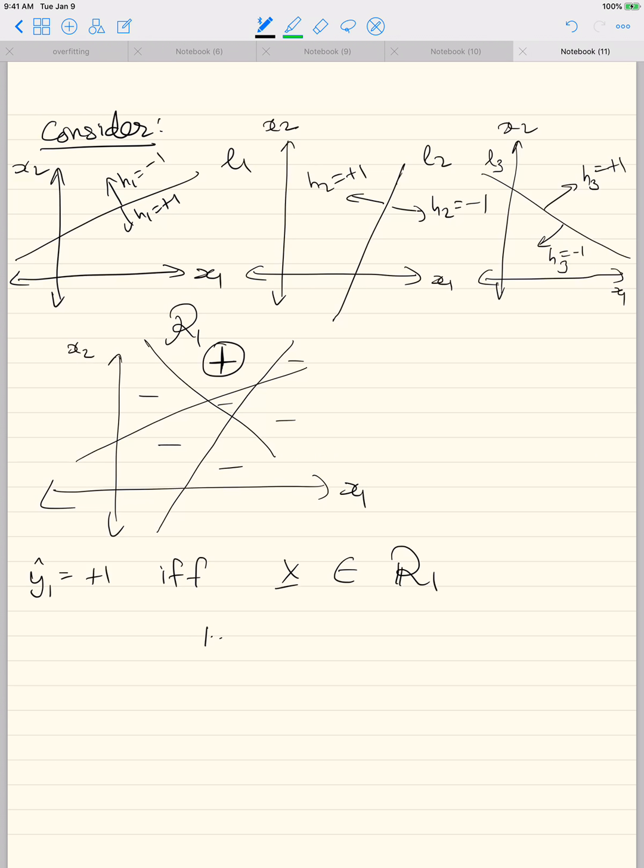So if you recall what each of these lines are producing, h1 is -1 here, h2 is +1, and h3 is +1.